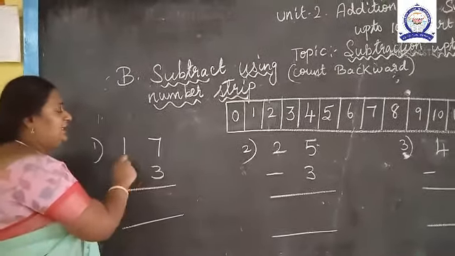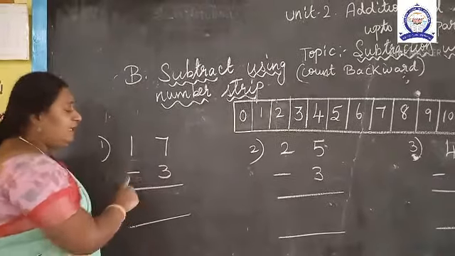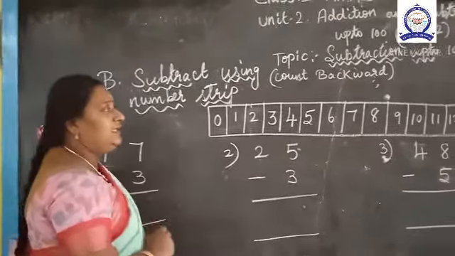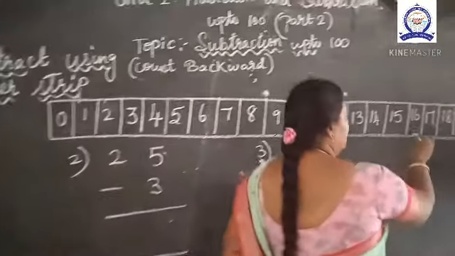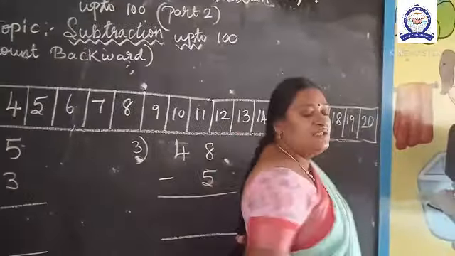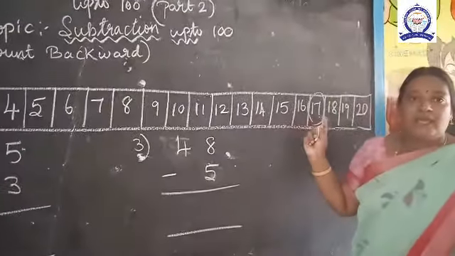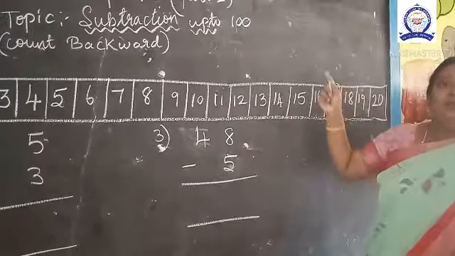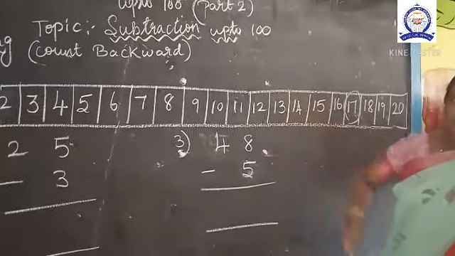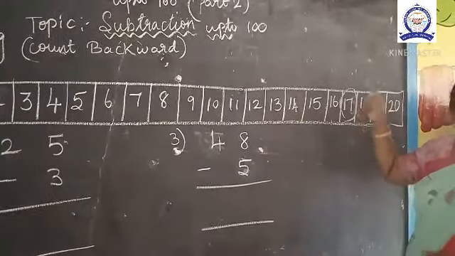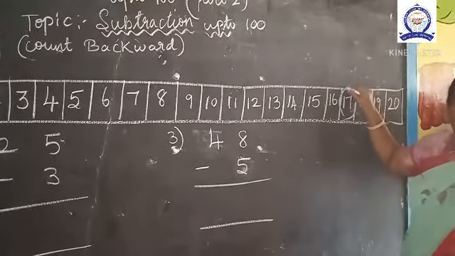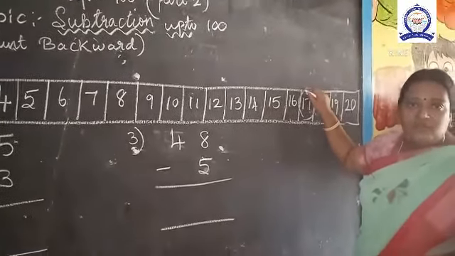See the first number, 17 minus 3. So where is 17? 17 is here. To subtract we have to count backward. Addition, I told you, you have to count forward. For subtraction you have to count backward.